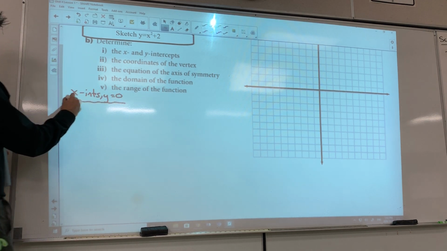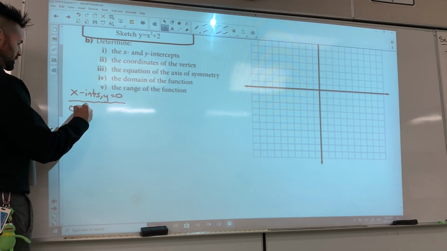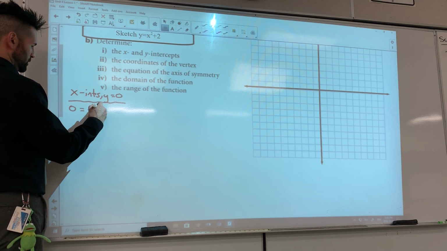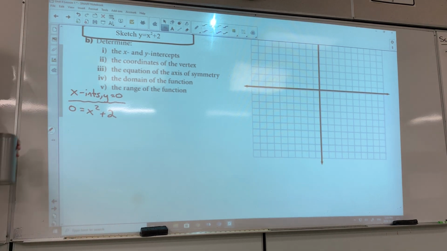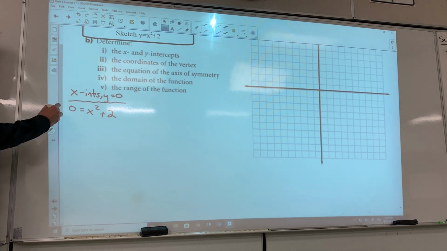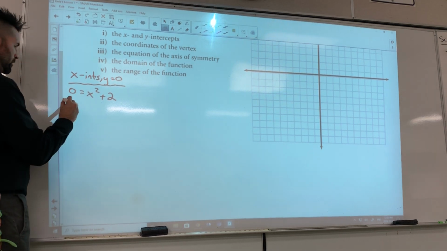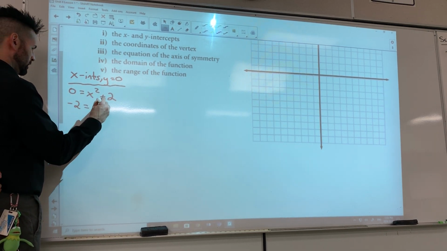If you're finding your x-intercepts, I suggest you label your work like this: x-intercepts, y equals 0. So it's easy for you to see, and easy for the person marking it to see. So y is now 0. How do we do this? You move the 2 over, so you get negative 2 equals x squared.